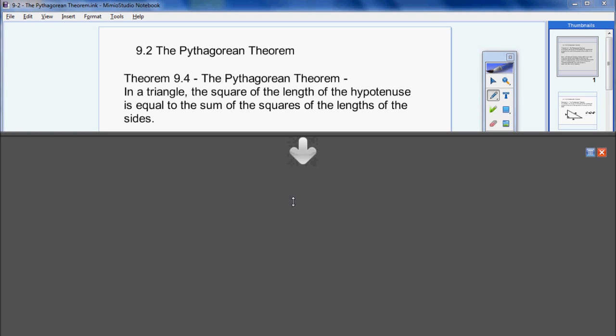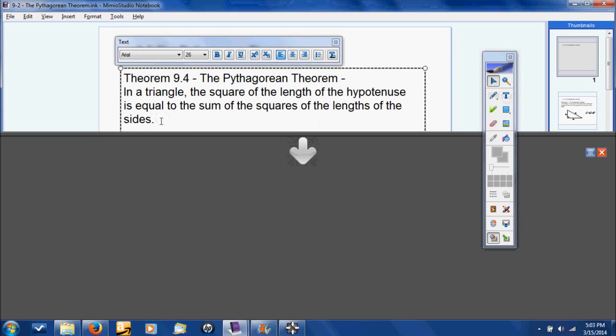In a triangle, the square of the length of the hypotenuse is equal to the sum of the squares of the lengths of the sides. We could change that to saying the other two sides, or to the legs. As a matter of fact, I think I like that just a little bit better. And I'll just put in parentheses here, legs, and we'll make it a little bit clearer.